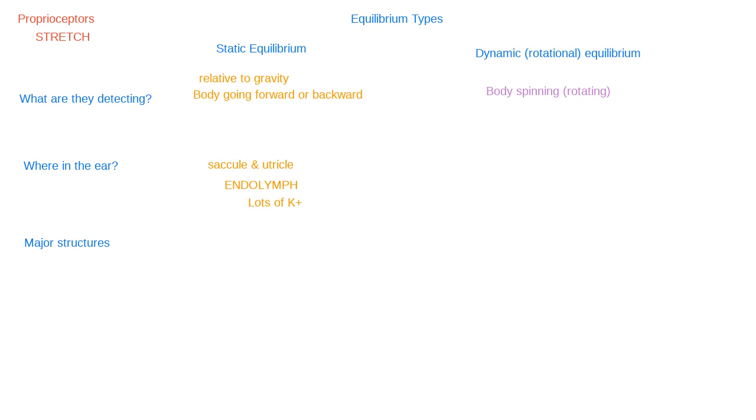So static equilibrium, detecting whether we're going forward or backwards, is done by the two big areas called the saccule and the utricle. They are filled with a kind of fluid called endolymph fluid. When we talk about dynamic equilibrium, we don't use the saccule and the utricle.